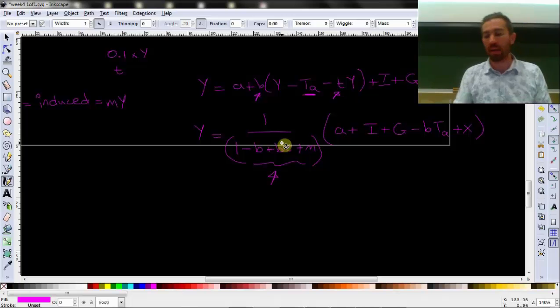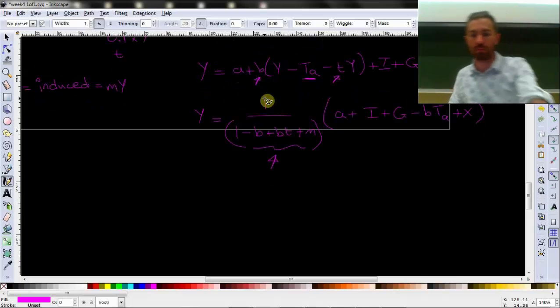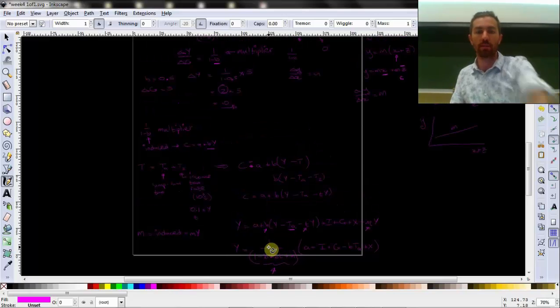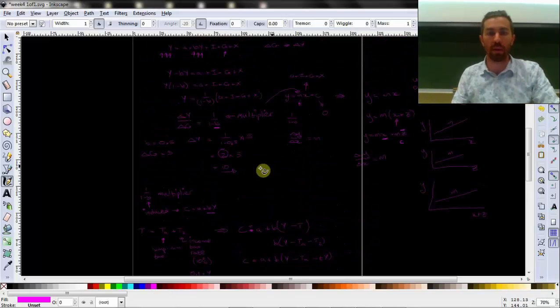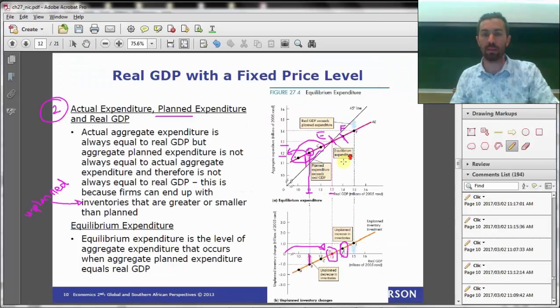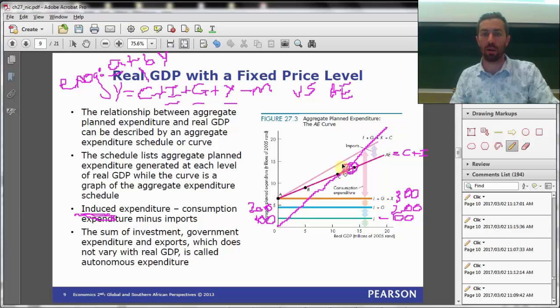So what we have done effectively is, by making this multiplier here smaller compared to the multiplier here, in this diagram we've changed the slope of our aggregate expenditure curve relative to real GDP, right?